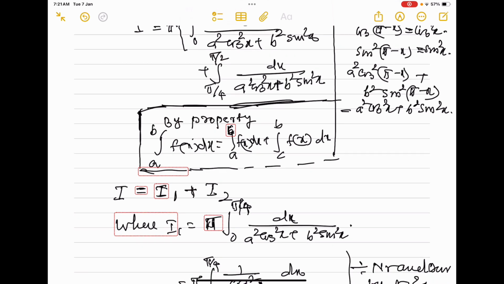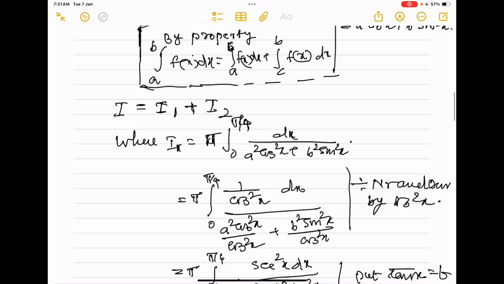So I equal to I1 plus I2, where I1 equal to pi into integral 0 to pi by 4 dx by a square cos square x plus b square sin square x.